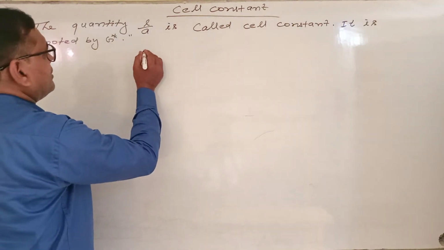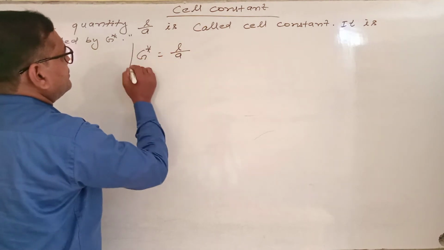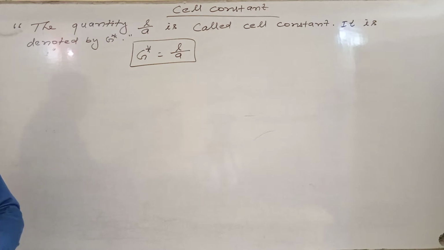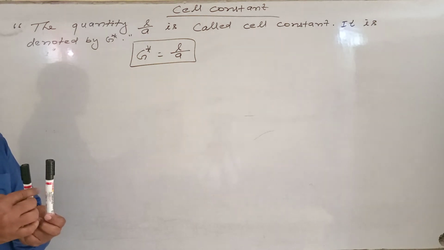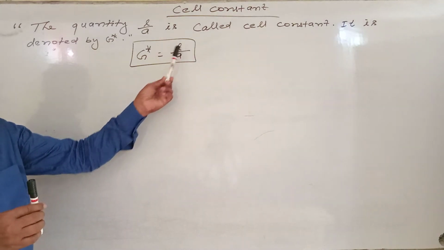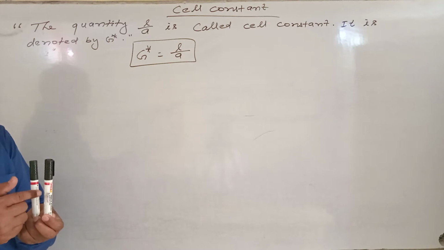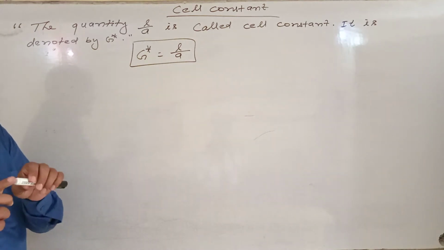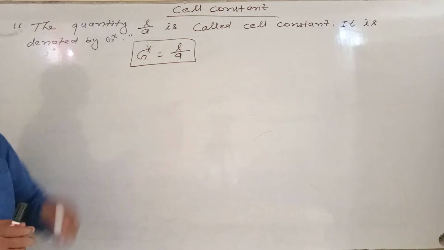Now here we write the formula: G star is equal to L by A. Capital L denotes the distance between two electrodes in the cell, and A indicates the cross-section area of the electrode.